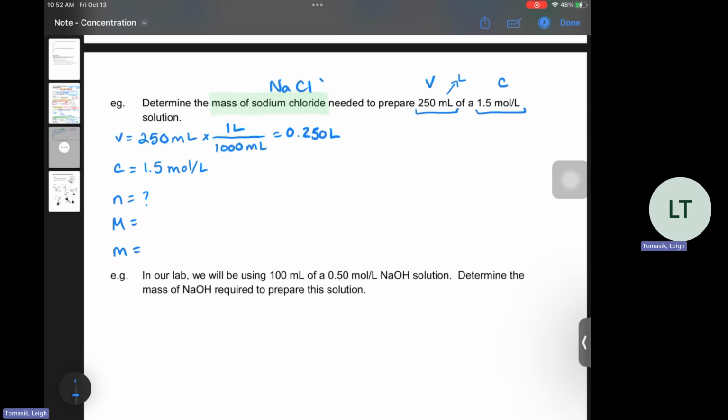Now we're going to find our molar mass. Sodium chloride: 22.99 plus 35.45.